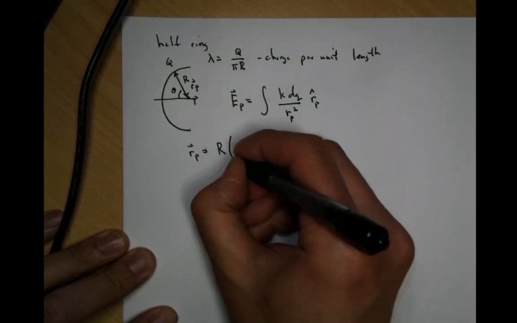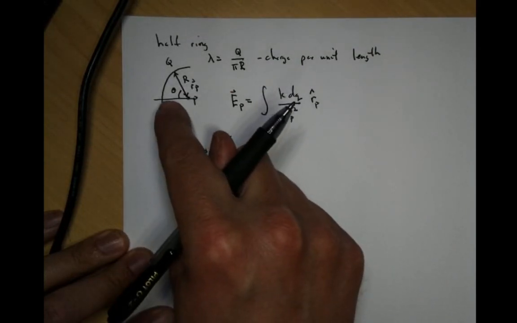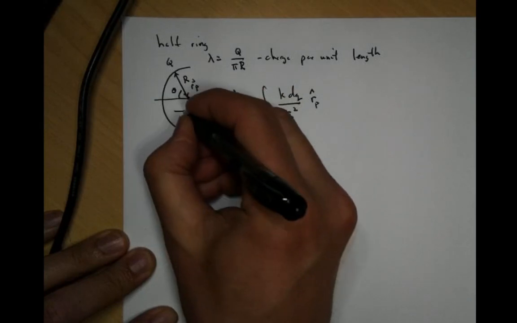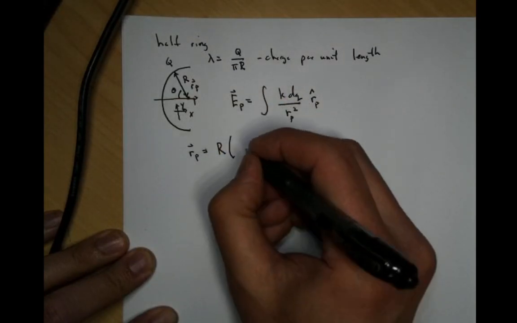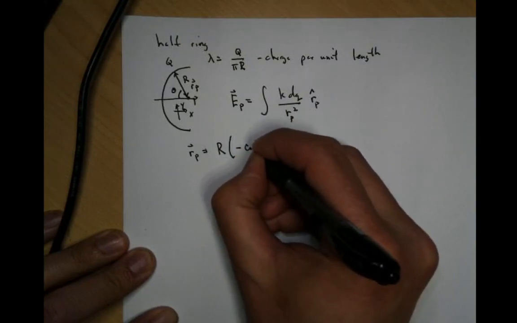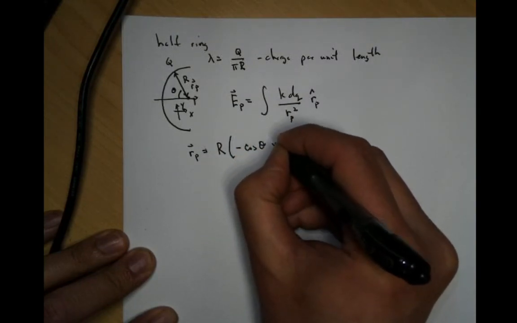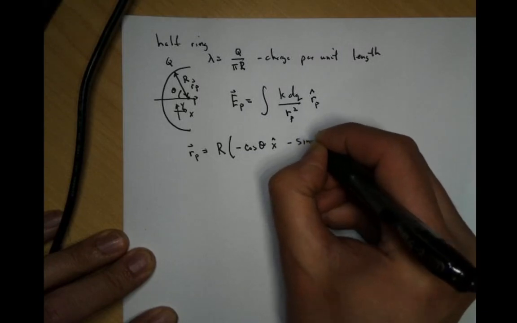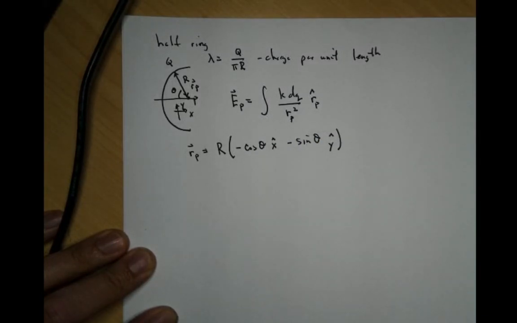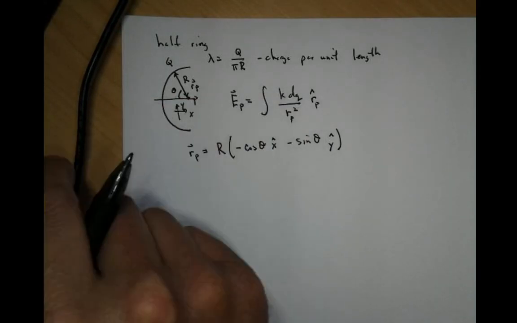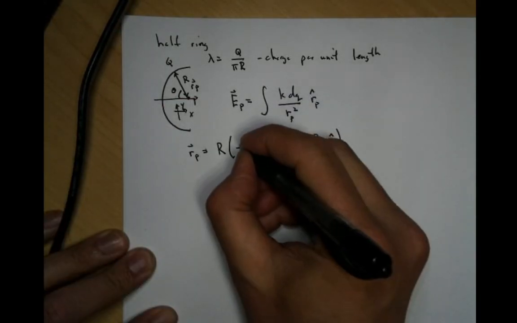Let's call this the x-axis and that the y-axis, so they're both going to be negative, so it's going to be minus cosine theta x hat minus sine theta y hat. So it's pointing down and pointing to the right. Wait, that should be a plus.